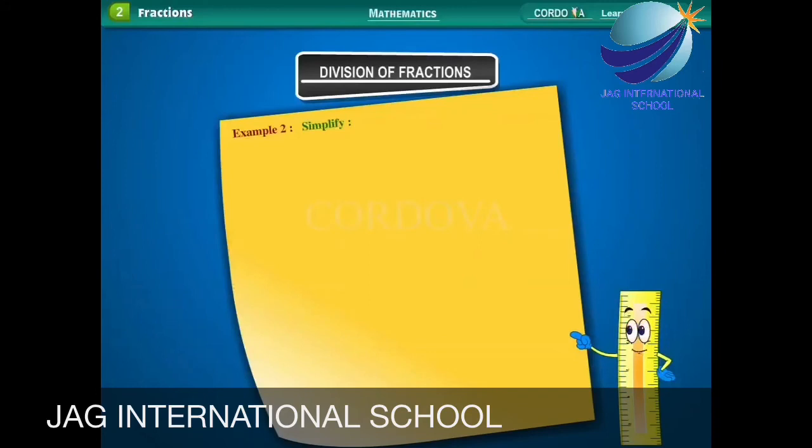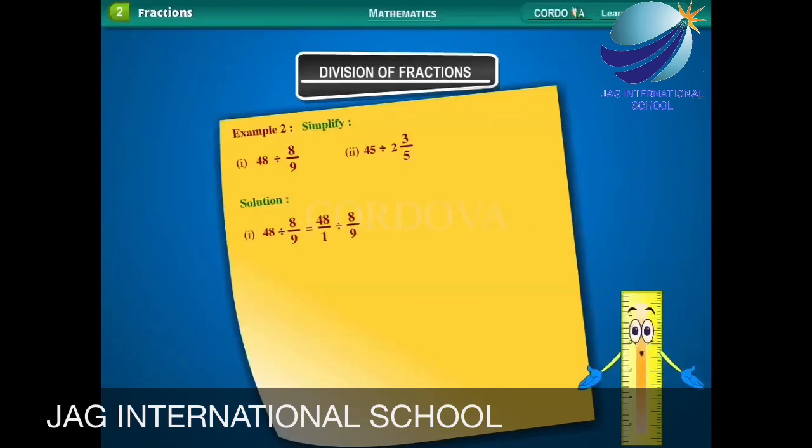Example. Simplify. 1. 48 ÷ 8/9, 2. 45 ÷ 2 and 3/5. Solution. 1. 48 ÷ 8/9 is equal to 48/1 ÷ 8/9, which is equal to 48/1 × 9/8, which is equal to 54.